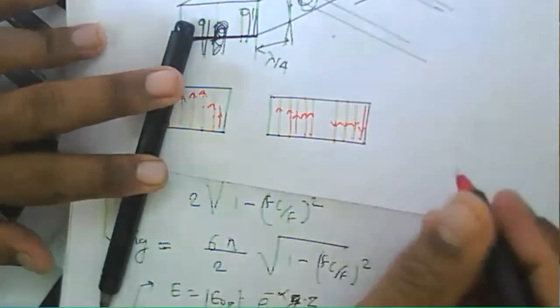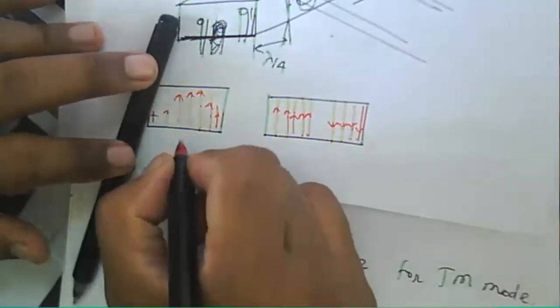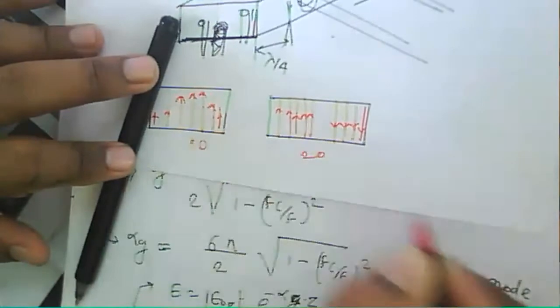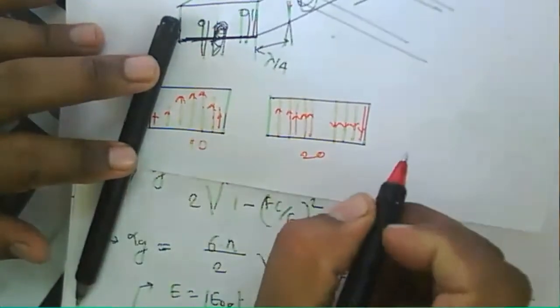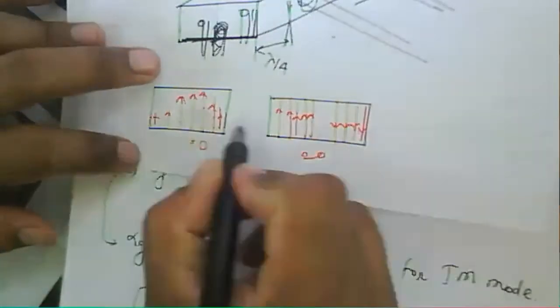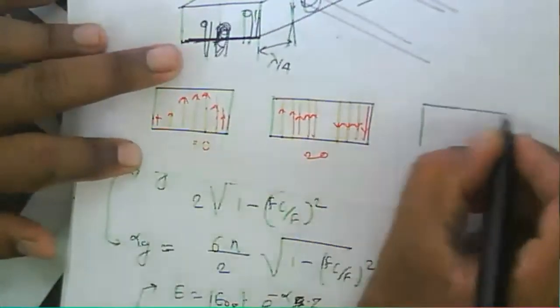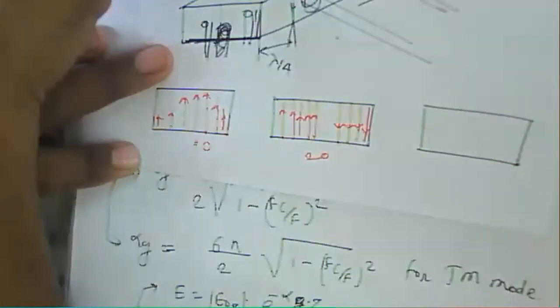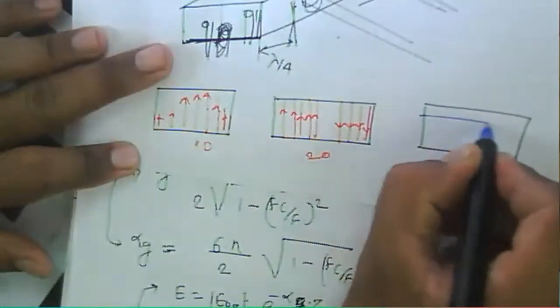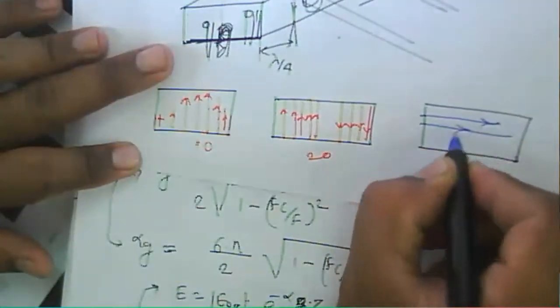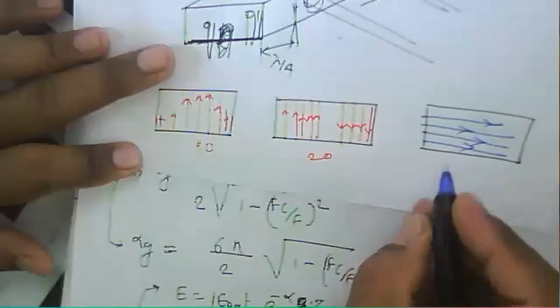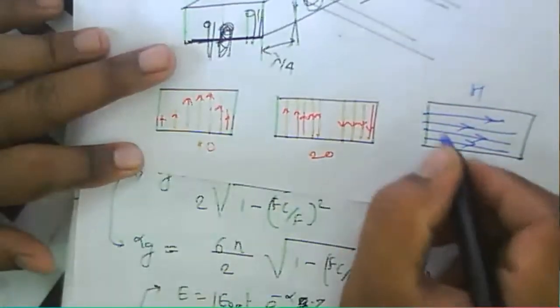In that case, it is called a TE20 mode. This is the 10 mode, and this is the 20 mode. Similarly, for a magnetic field, if we excite from this given direction, then here we have the magnetic field component H. In that case, it is 1.